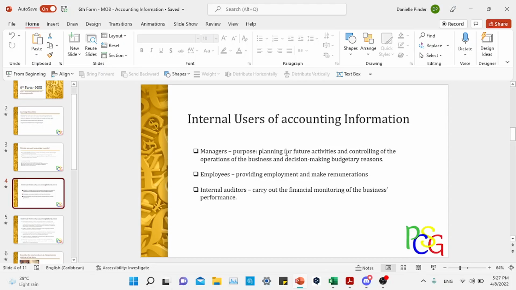And we also have the employees, because they need to know that the owners of the business still have money and are able to keep them employed. They also have to make preparations in case the company wants to downsize or even merge with another company, which can have consequences for the employees.